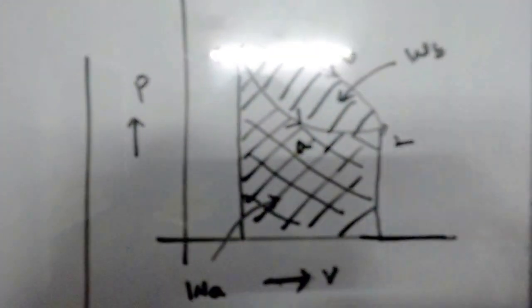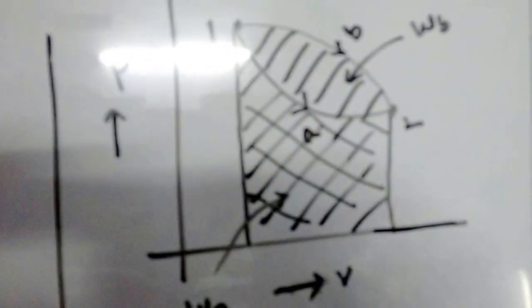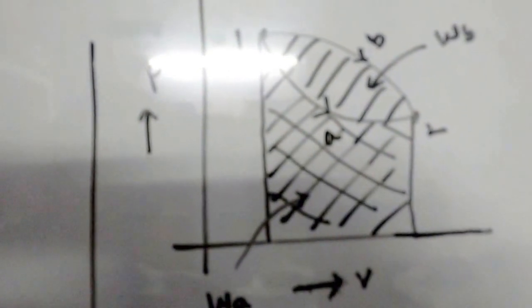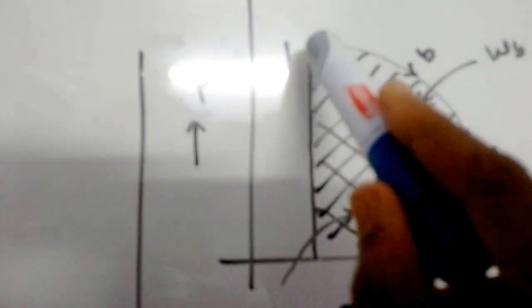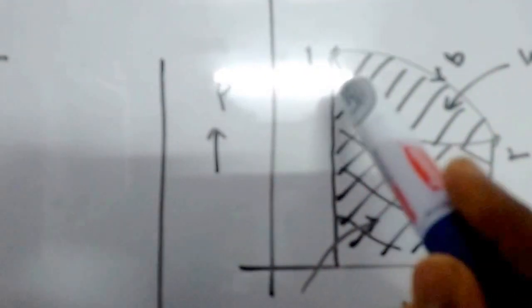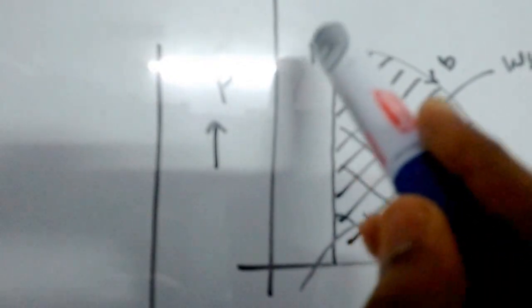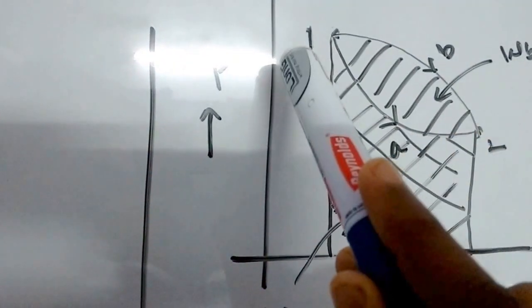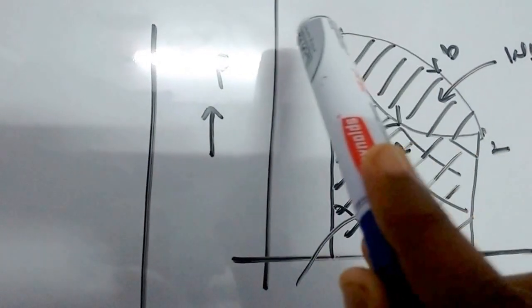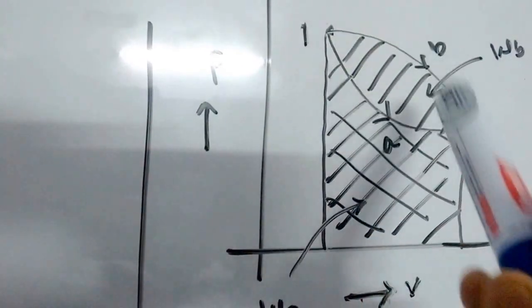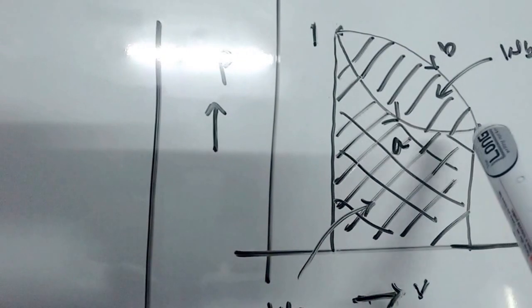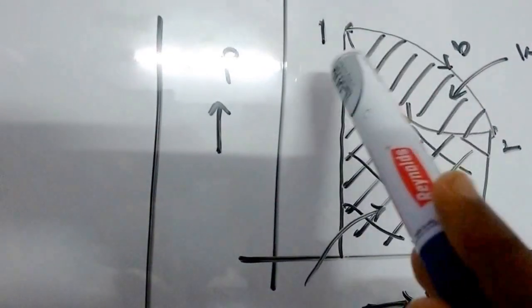How can we prove it is a path function and not a point function? Now let us consider the following case like this. When changing from state 1 to state 2 through two processes which follow path B and path A, but the endpoints are the same.